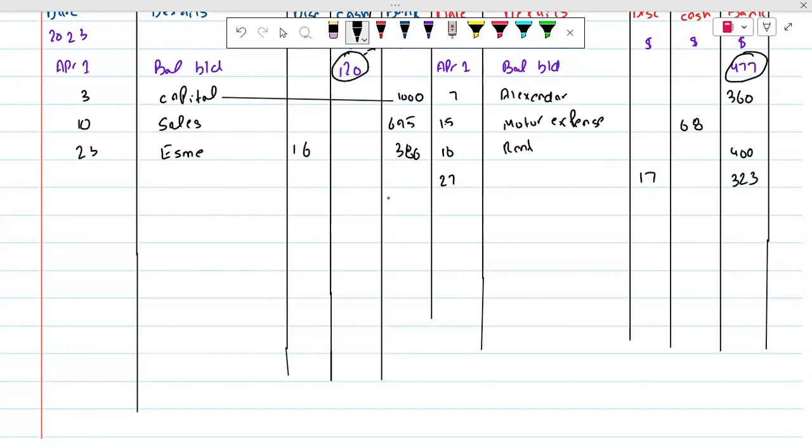So basically, our debit side is heavier. $1,695 and 384. So we will have 2079, 120 as it is, and $16 average.